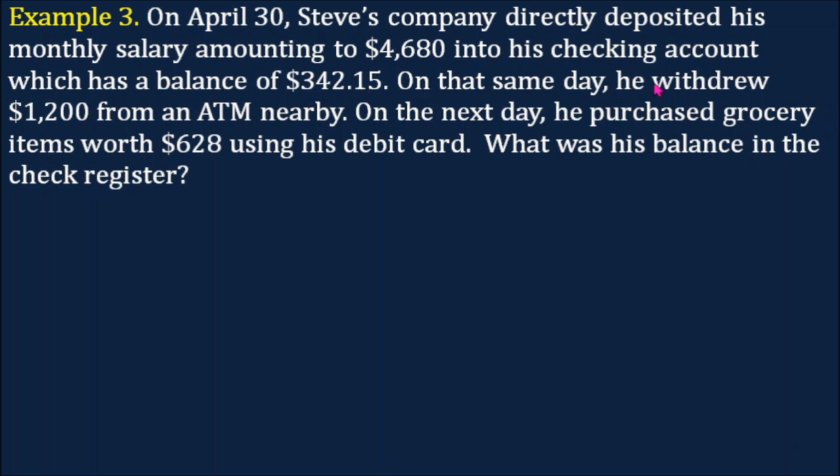On that same day, he withdrew $1,200 from an ATM nearby. On the next day, he purchased grocery items worth $628 using his debit card. What was his balance in the check register?